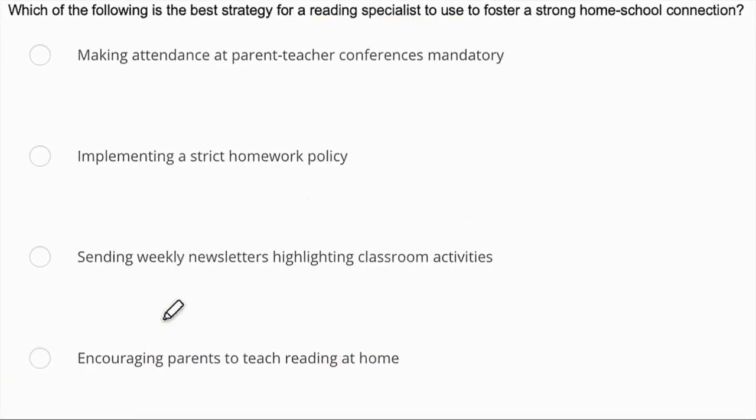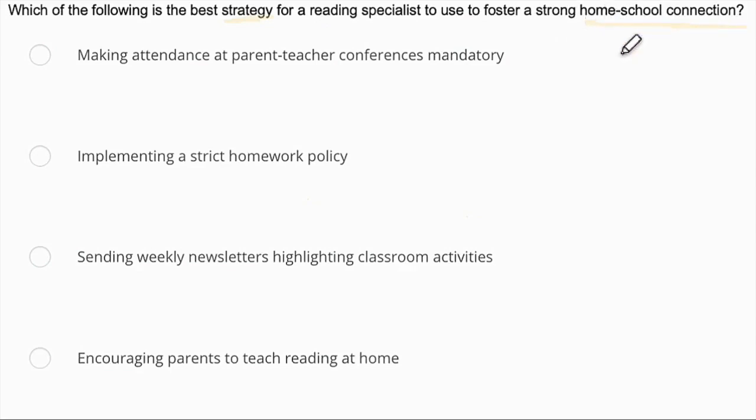For our next practice problem, we have a question that asks us, which of the following is the best strategy for a reading specialist to use to foster a strong home-school connection? So following the same format as earlier, I first want to highlight and make note of the key words in the question. The first thing that I see is that it's asking us for a strategy, and specifically it's talking about a home-school connection.